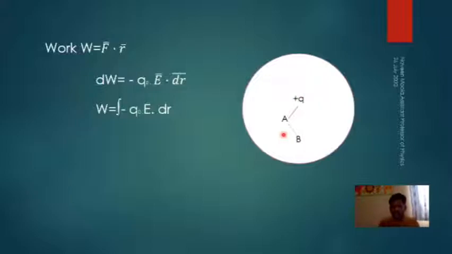The external force is against the Coulomb attractive force, to show that we are using minus Q. If dW is the work to move by an infinitesimal distance, work is equal to the integral over the distance, from A to B, of minus Q naught E dr. We are using this work relation in our next derivation, where we are showing electric field intensity is a conservative field. We will see that.